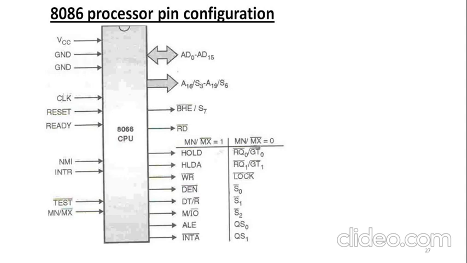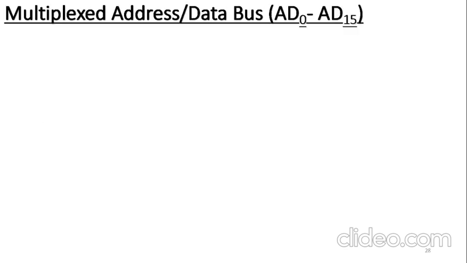Now we will start with the multiplexed signals first. So here, the multiplexed address data bus AD0 to AD15. The total number of lines here is 16, so this is a 16-bit multiplexed address data bus.